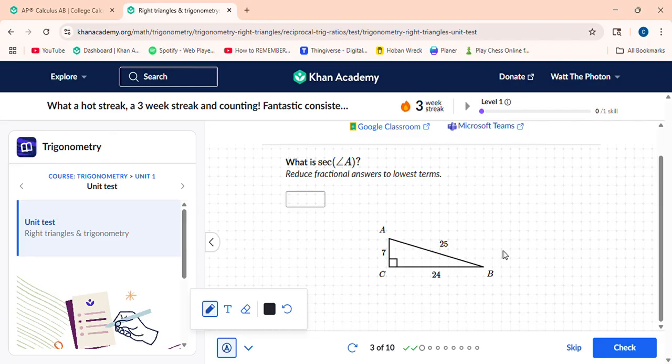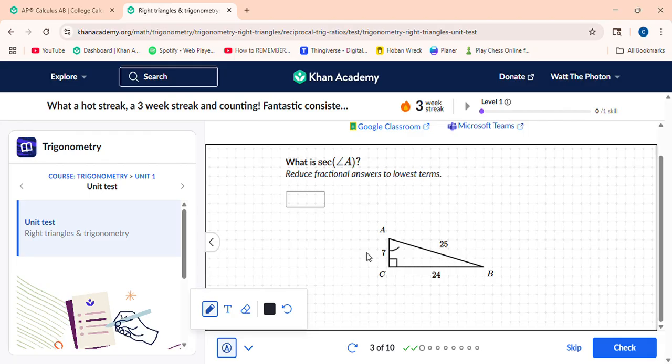I think it's 1 over cosine. So cosine is adjacent over hypotenuse, which is 25. So I think it's 25 over 7.